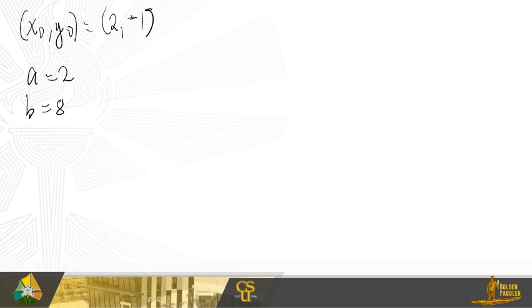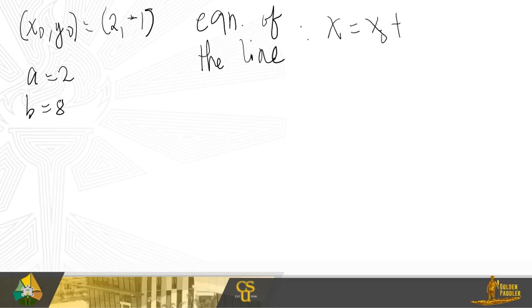So using this equation, meron na tayong equation of the line in parametric form. So ano yun? We have x equals x sub o plus at. So that is x equals yung x sub o natin is 2 plus ang a natin is 2 tapos yung t natin is t kasi ito yung variable.